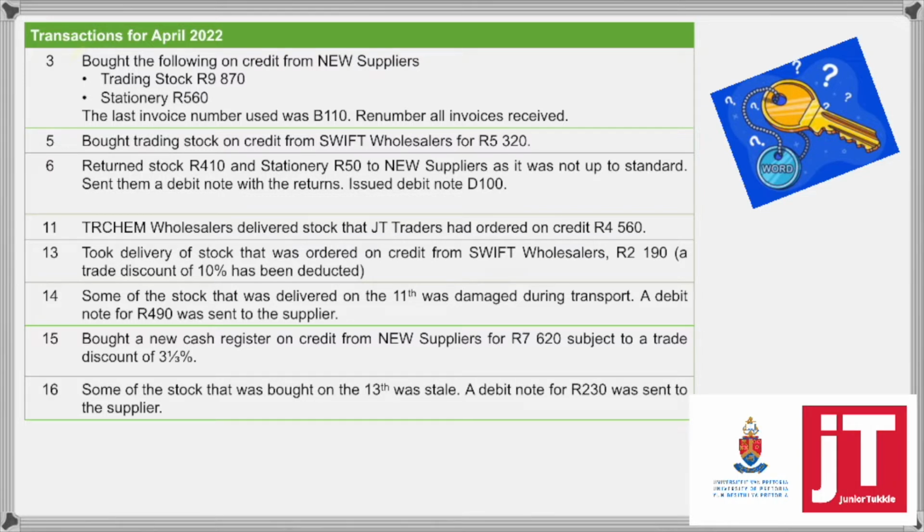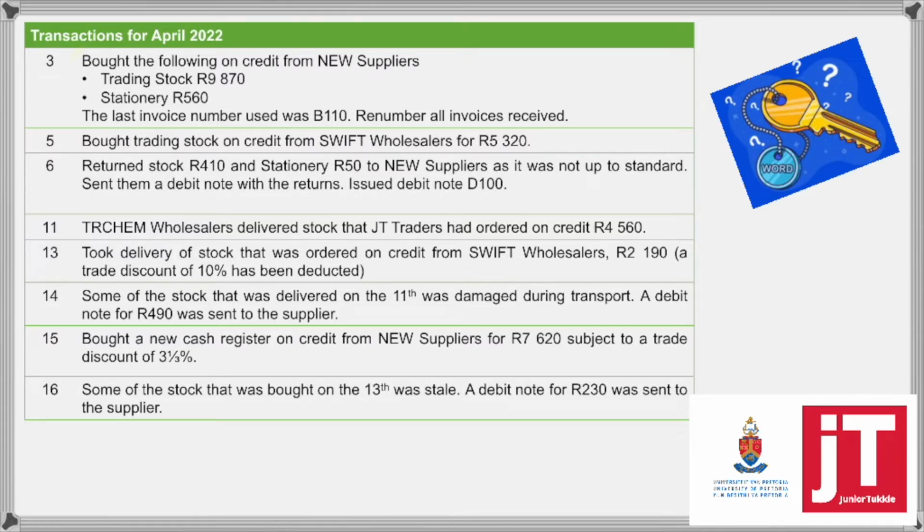Now with the new journal, the creditors allowance journal, we are going to look for the wording return stock and a debit note was issued, or we received an allowance due to the stock being shop soiled, in other words a bit dirty, so we complained and we got a bit of a discount.